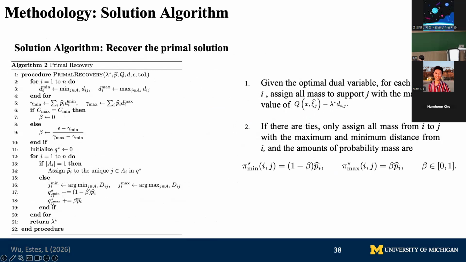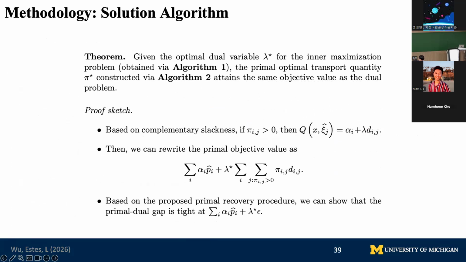I won't go through this because it's not very exciting. But essentially, we prove that you can do this primal recovery perfectly, so that there's no gap. Anyway, read about it.